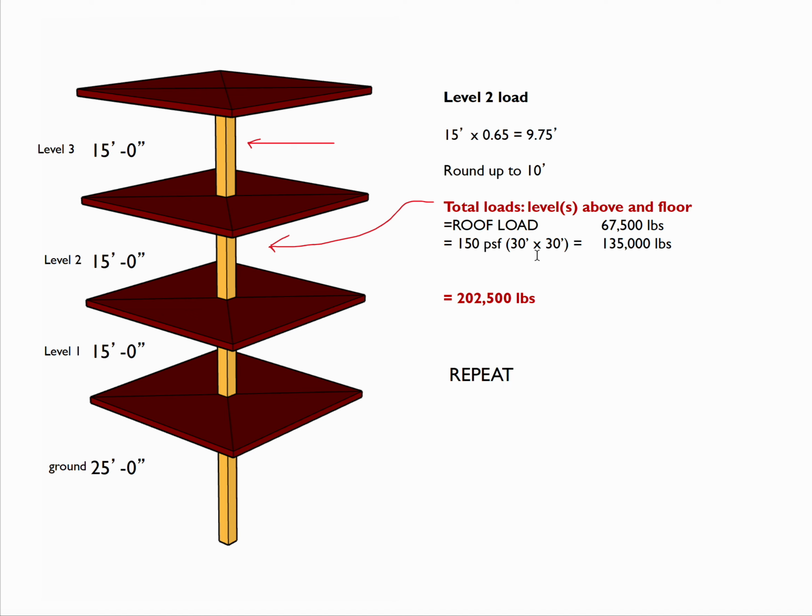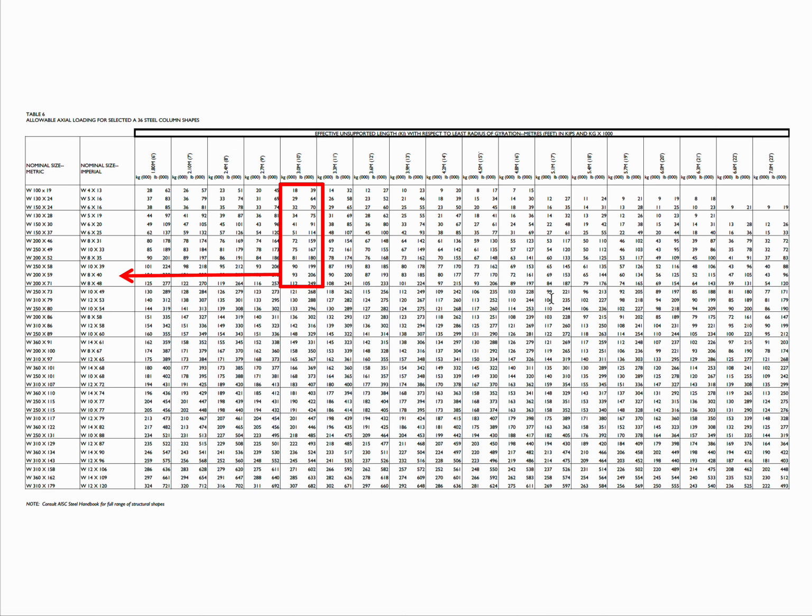Next one down, we have to add in the roof load, which we just found, plus the tributary area times its load factor. This column then also is fixed on both ends, so we know its height. This one has 202,500.